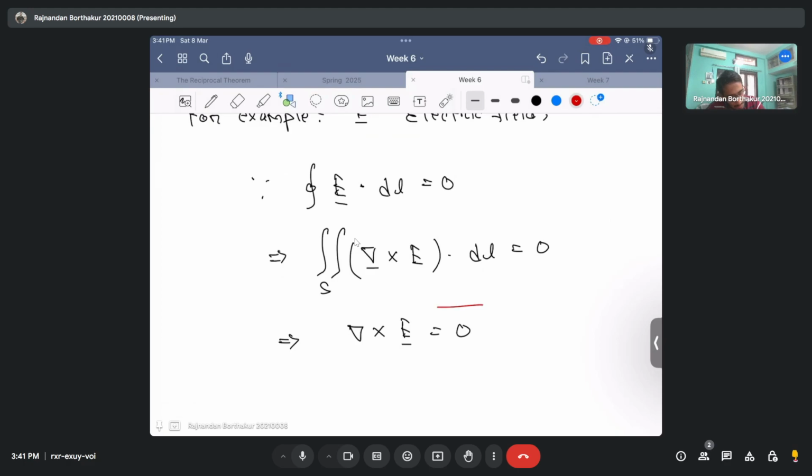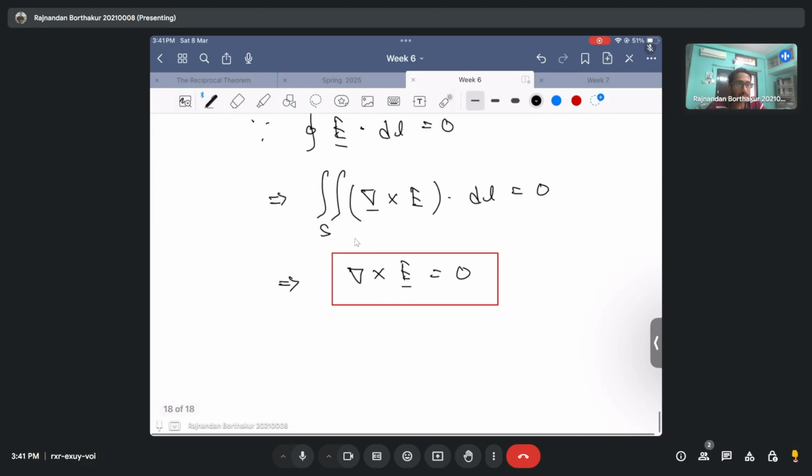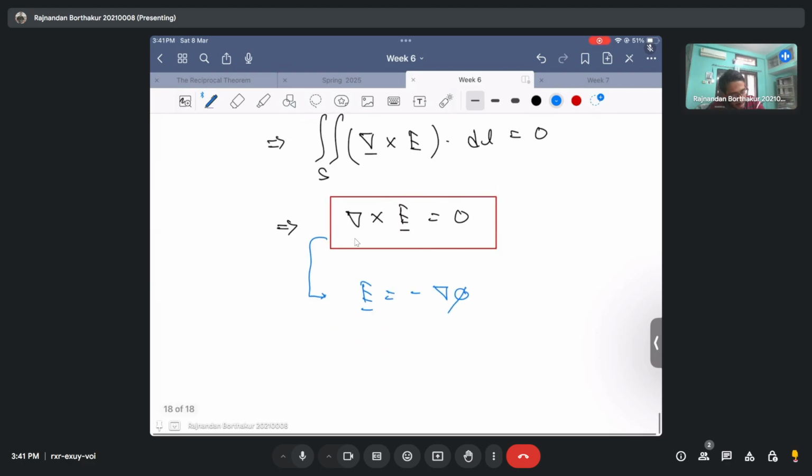And that's one of the most important properties of a conservative field: if you calculate its curl, it is always zero. That's the reason why you can always write the electric field as the gradient of a scalar potential. You can always write E as minus grad of some potential phi, and this phi we call the electric potential.